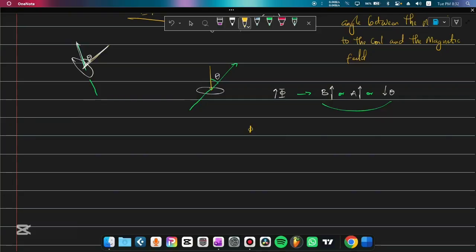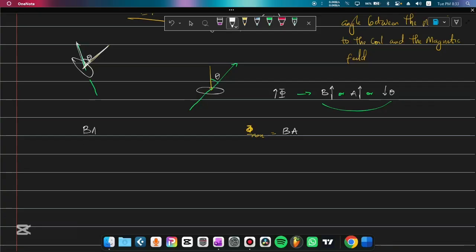That our magnetic flux is at maximum, let me do it like this. Weber is at maximum when theta is equal to 0. I'll show you why. This is the formula to get our maximum magnetic flux. Why do we say that?